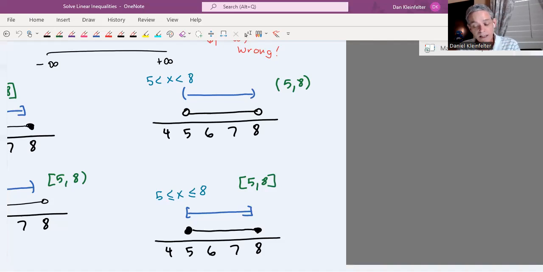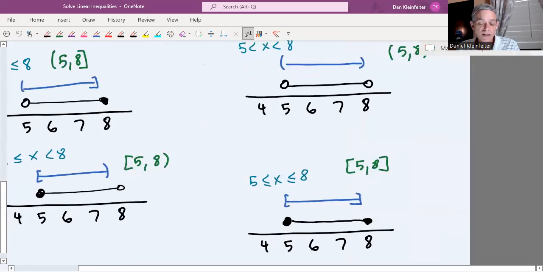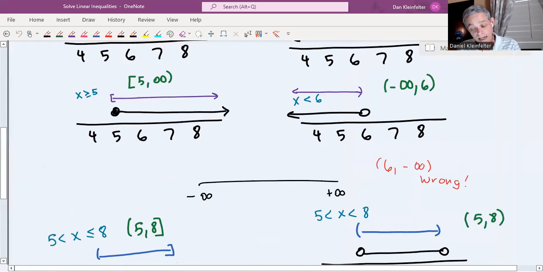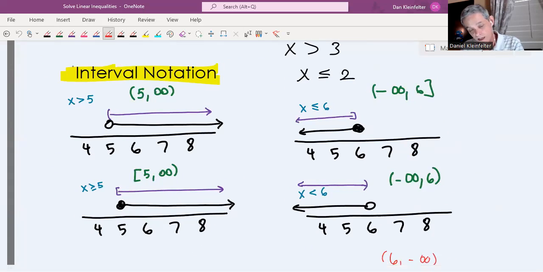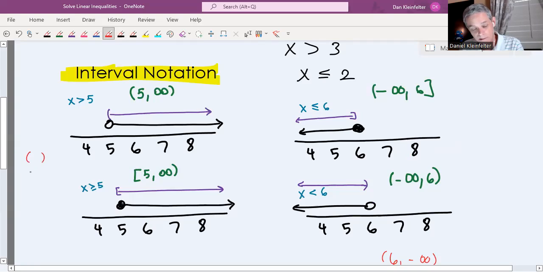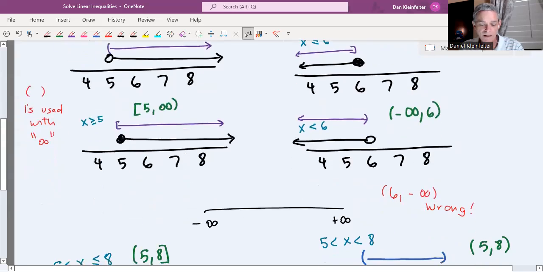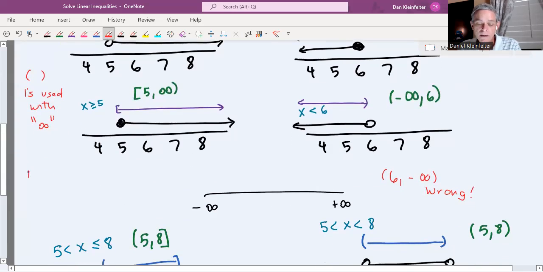Okay, so important things to know about working with interval notation. With infinity, a parenthesis is always used, just out of custom. Note that. And then numbers are in number line order.